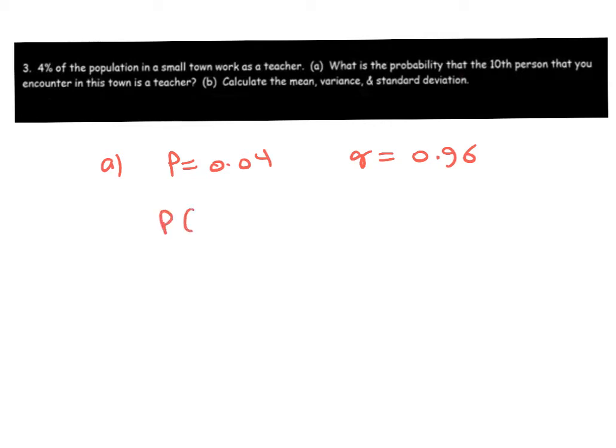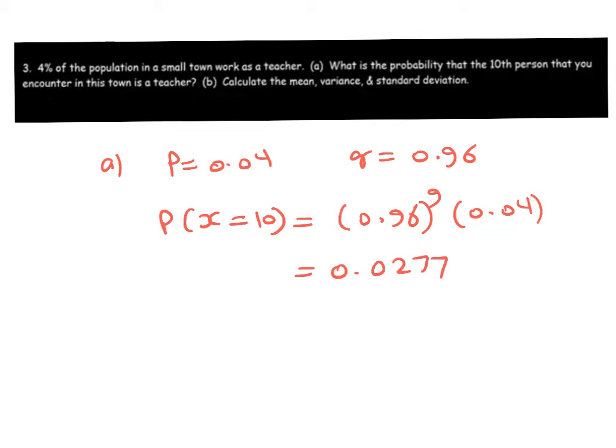So probability of X equals 10 equals 0.96 to the power 9 times 0.04. Then we can find the answer, 0.0277.